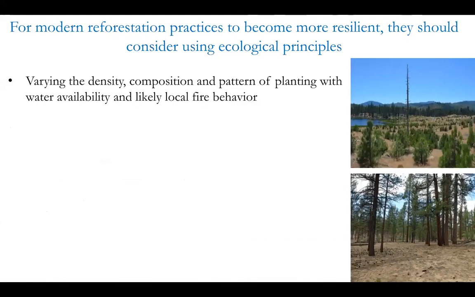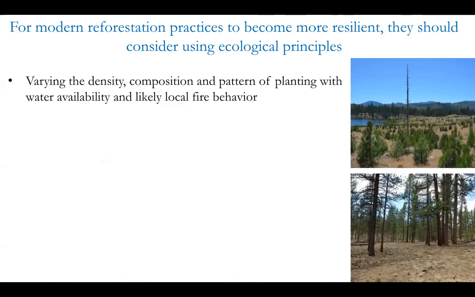So just to sum it up, the main argument for this paper is that to promote resilience from reforested landscapes, reforestation practices should at least consider using ecological principles where appropriate.